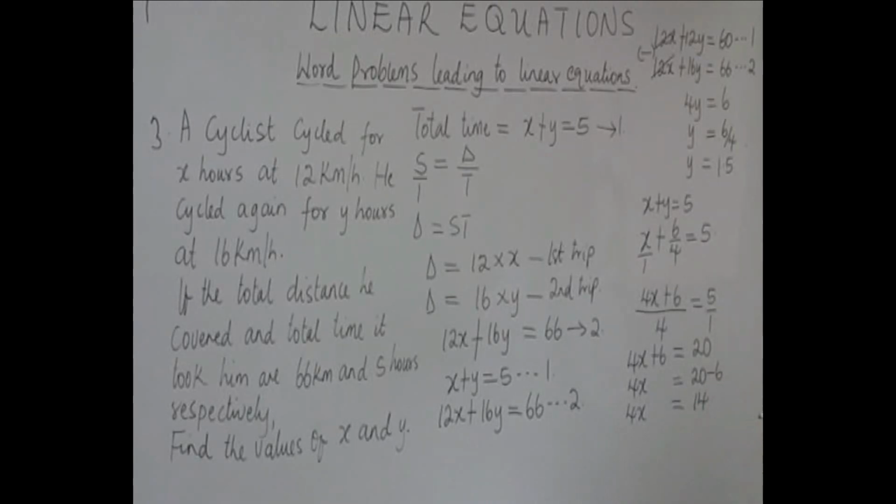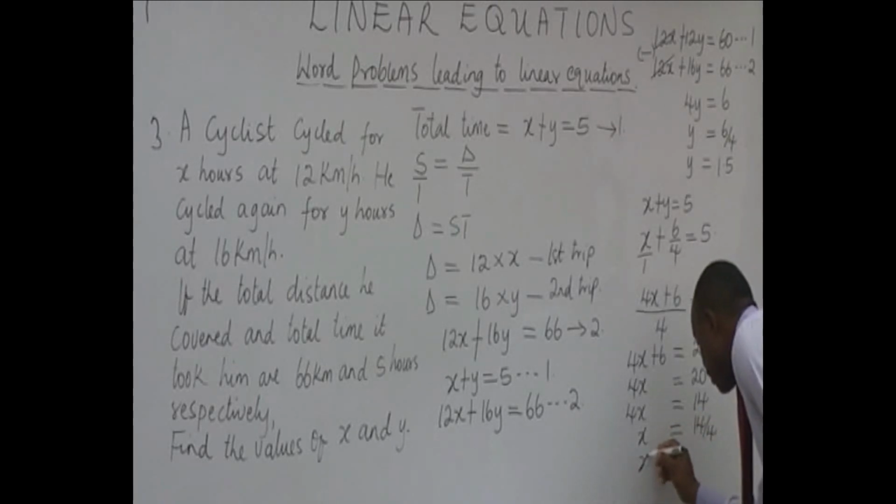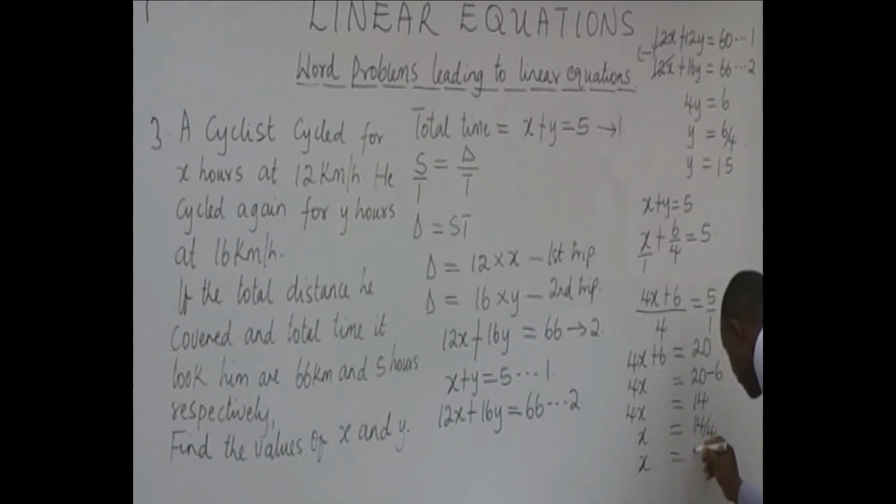If you divide both sides by 4, you are going to discover that you have only x left on the left-hand side, and it's going to be 14 divided by 4. 4 into 14 will give you 3, and that 3 is 12. You'll be left with 2 over 4, which is the same as 1 over 2.